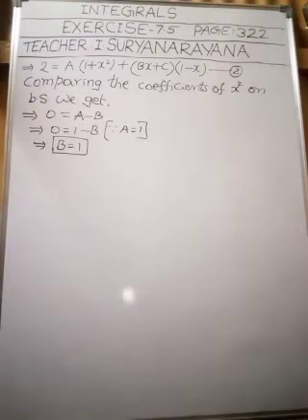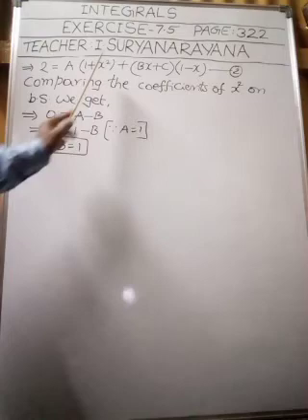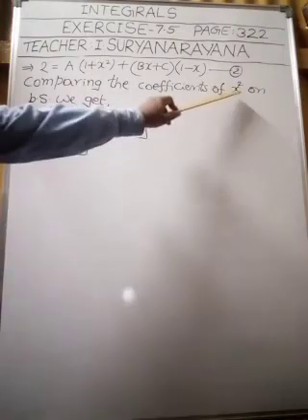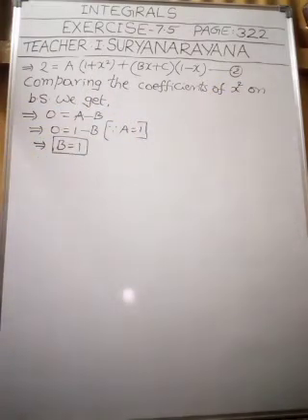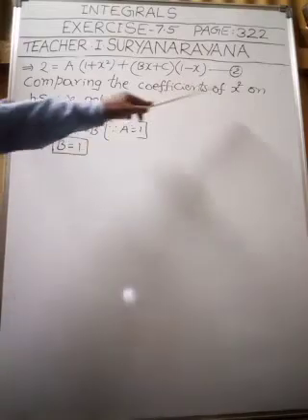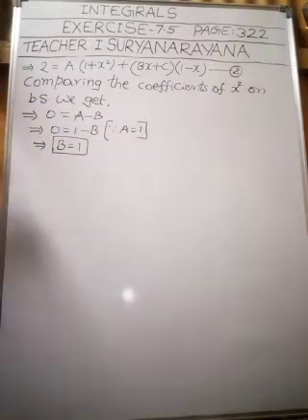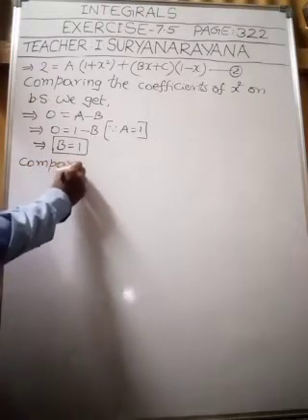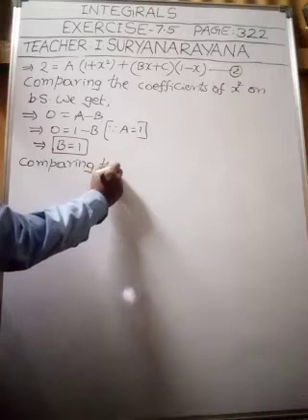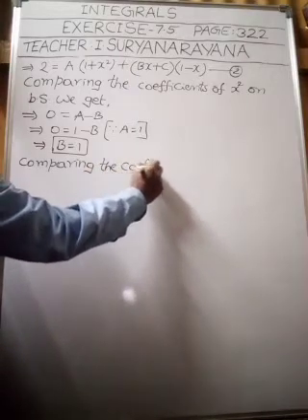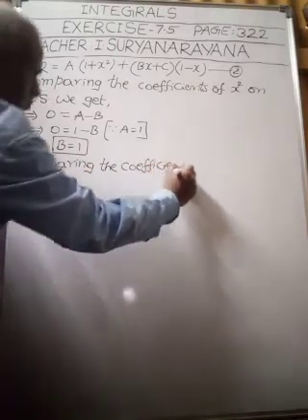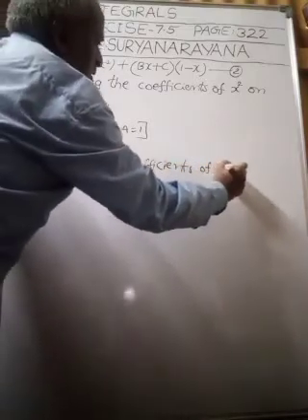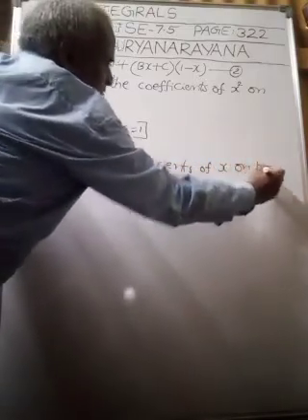To get the value of c, we have to compare the coefficients of x. After x square, what is the least exponent of x? Isn't it, my children? The least exponent of x after x square. What is that one? x. So, comparing the coefficients of x on both sides.